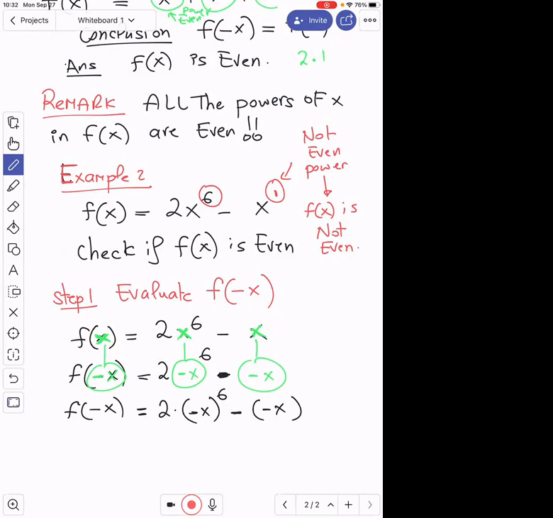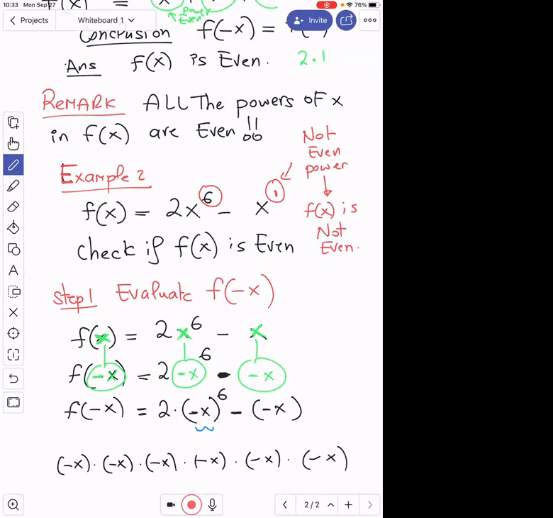Now, this negative x to the power 6 is negative x multiplied by itself 6 times, right? And because the power is even, you end up with just x to the power 6.